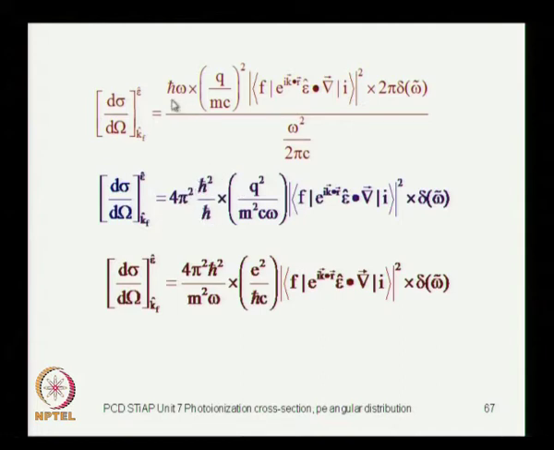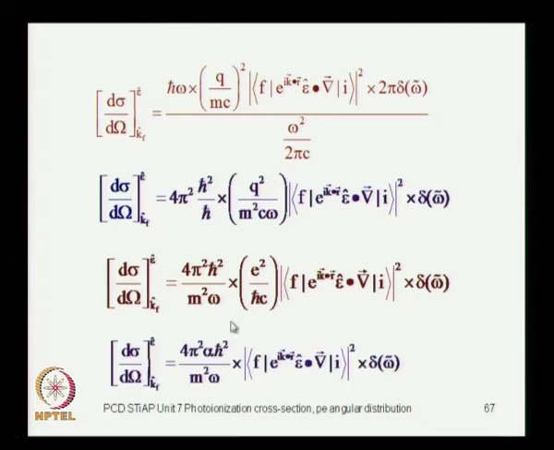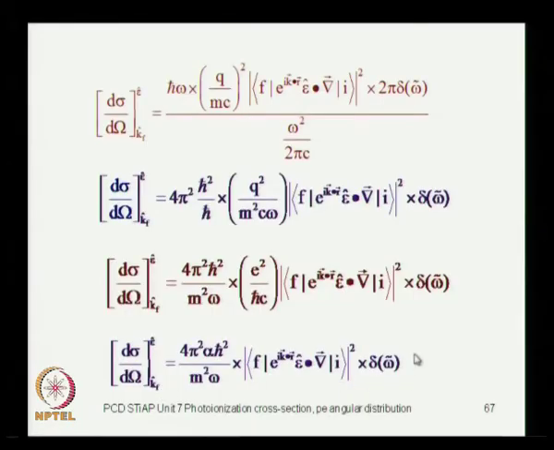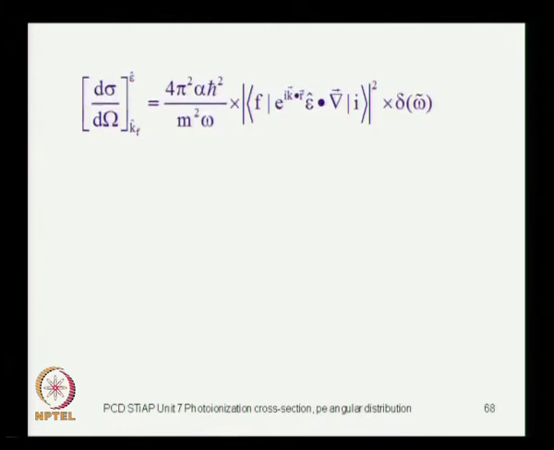You have only one power of h cross in the first expression, but this allows us to extract the fine structure constant, which is the common form in which you will find it in literature: the differential cross section per unit solid angle for a given incident direction which is polarized along the unit vector epsilon, for photoelectron ejection in a unique exit channel which is along the wave vector kf, is given by this expression. So that is what we get for the differential cross section.